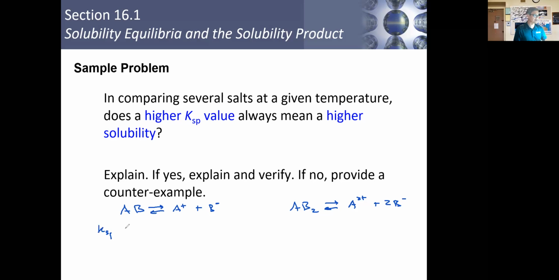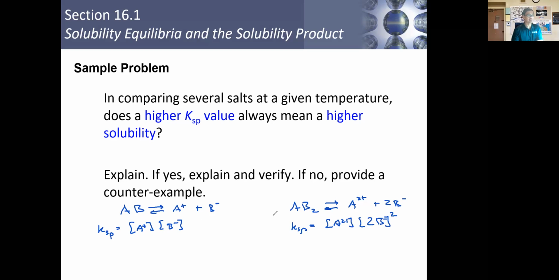For AB, this is going to be the concentration of A plus times the concentration of B minus. If we write AB2 using the law of mass action, it's going to be the concentration of A2 plus times 2 times B minus raised to the second power.